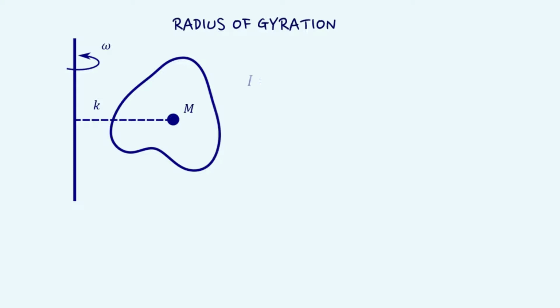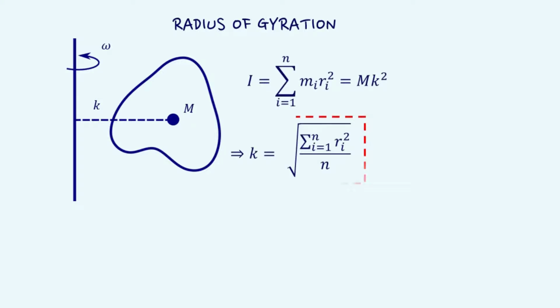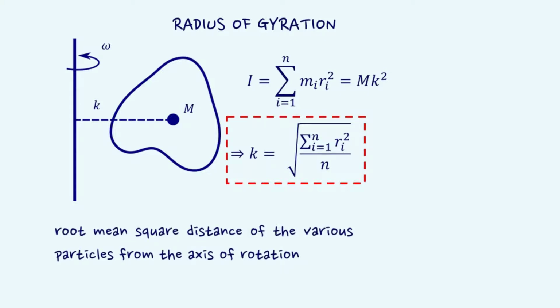By equating the total moment of inertia in summation form with what we have got from the concept of the radius of gyration, we can obtain an expression for the radius of gyration. The radius of gyration of an object about an axis is defined as the root mean square distance of the particles of the body from the axis of rotation.